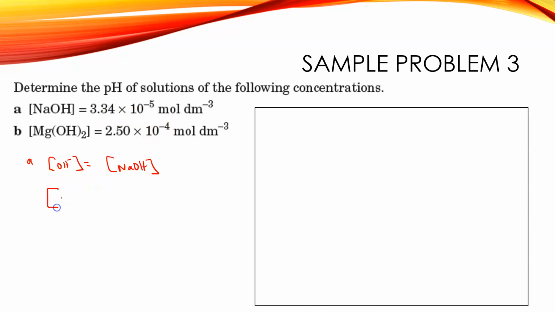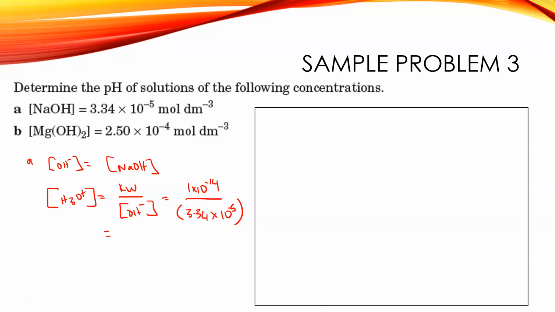The equation that links it is going to be Kw divided by the concentration of OH-. So we can then add in 1 times 10 to the negative 14 divided by 3.34 times 10 to the negative 5. Plug that into our calculator and we will get the concentration of H3O+.